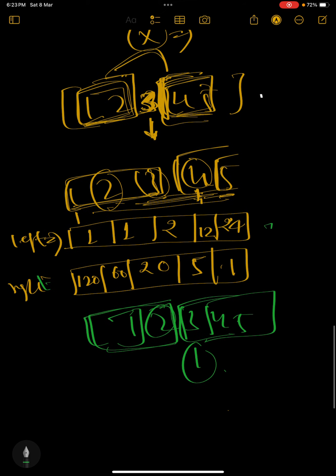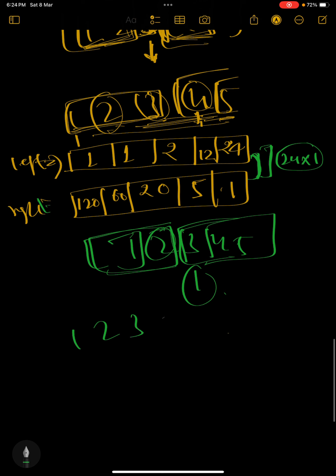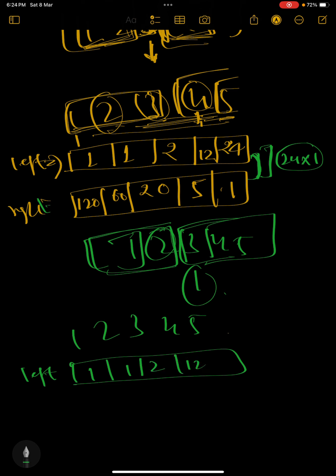As I got left and right, now there is a pattern. If you multiply these two elements, 24 into 1, you will get the multiplication of the array except itself. See how I am saying this. 1 2 3 4 5, and left was what? Again draw 1 1 2 12 and 24, and right was what?